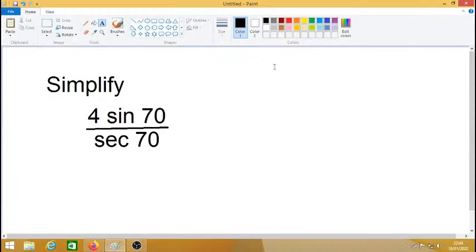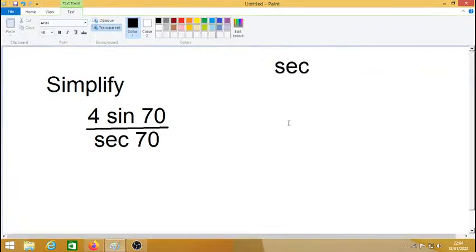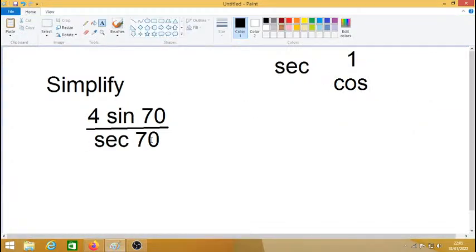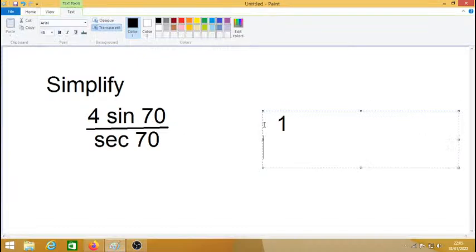What we learned before is that sec really means 1 over cos. So let's try and apply that here. Sec 70 is really 1 over cos 70, so I can replace sec 70 with 1 over cos 70.